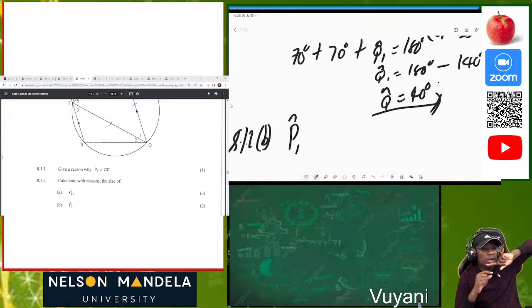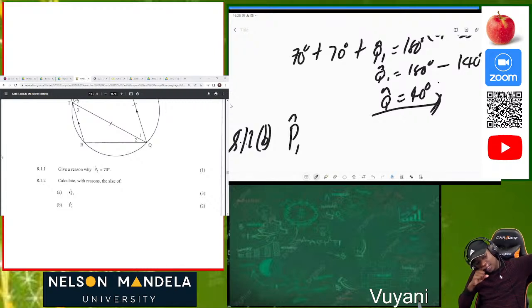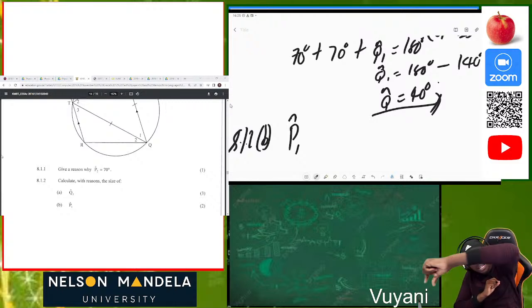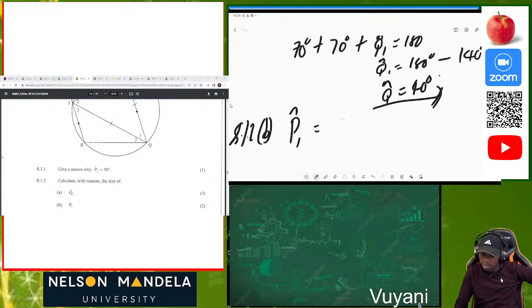So now let's look at the chord. We can now see that P1 has a chord PT. So when we hold that PT, it will go and subtend on the circumference on angle Q1. So therefore P1 is equal to angle Q1 is equal to 40 degrees.